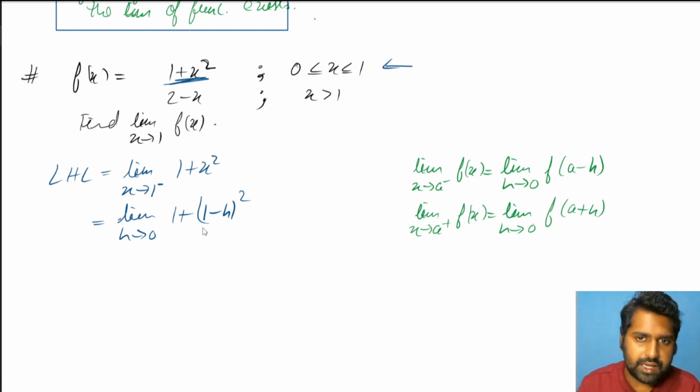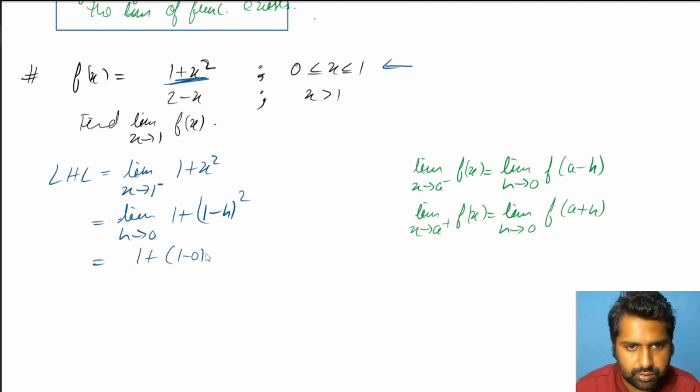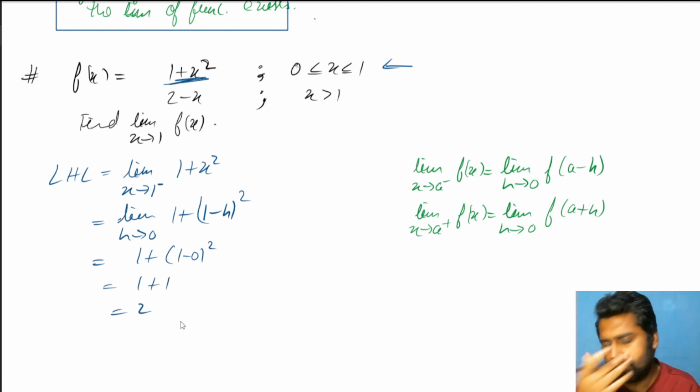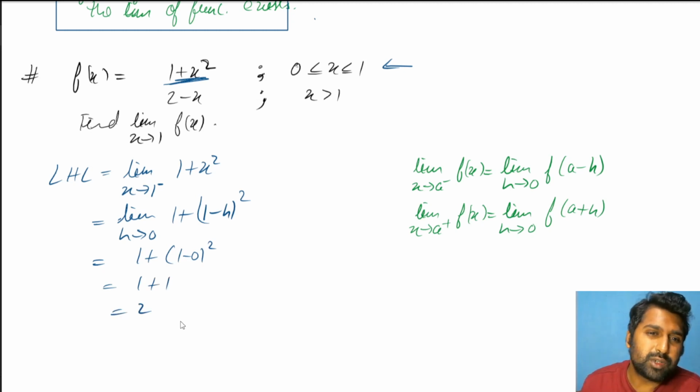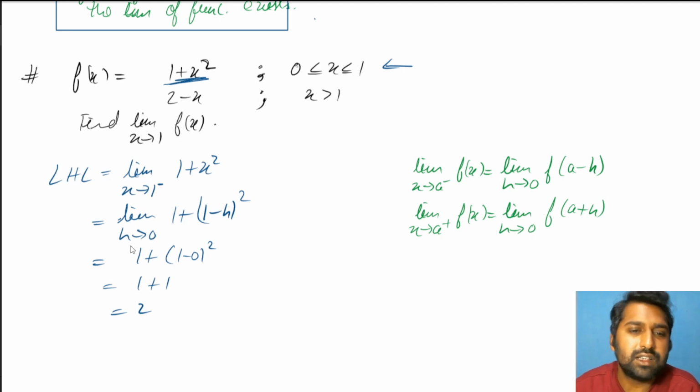Right now you don't have the idea how to solve the limits, so just put the value of h as 0. If I put h as 0, 1 plus (1 minus 0) whole square becomes 1 plus 1, that becomes 2. You might feel, then what was the overall purpose of writing limit? Once we are done with this first section, you'll see the purpose of writing limits.